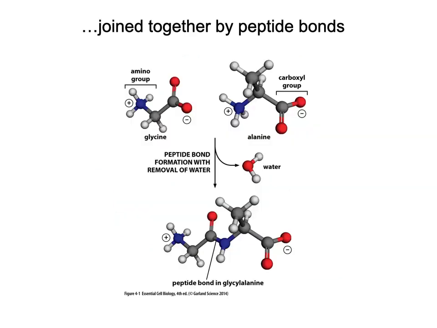So this process of linking amino acids together and forming a peptide bond requires the removal of water, so a condensation reaction. So if you think about condensation, water on the side of a cold glass, or if you put your hand in front of your mouth and breathe, you're going to get water collected.